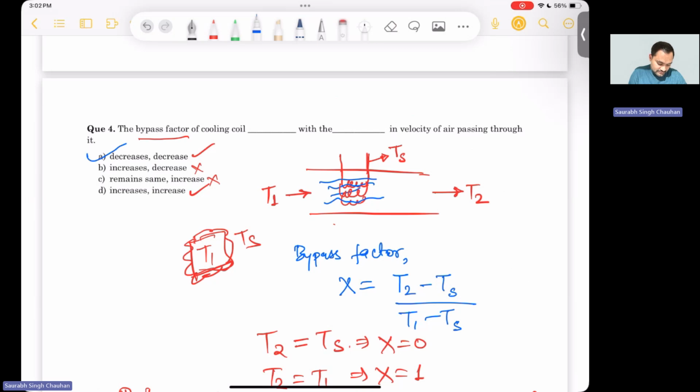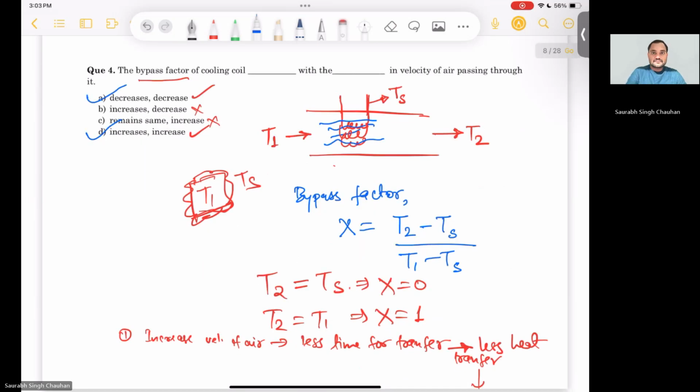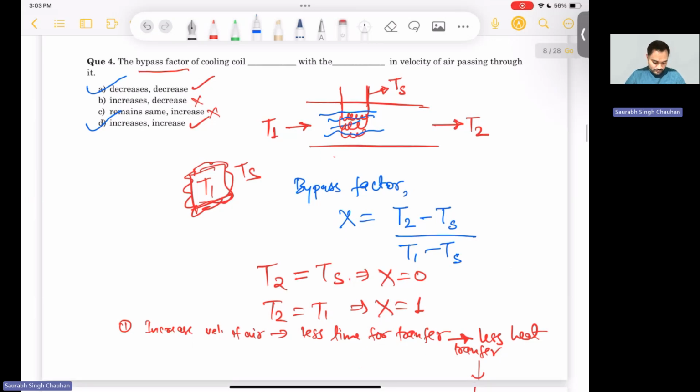If we increase the velocity of air, then the bypass factor will increase.